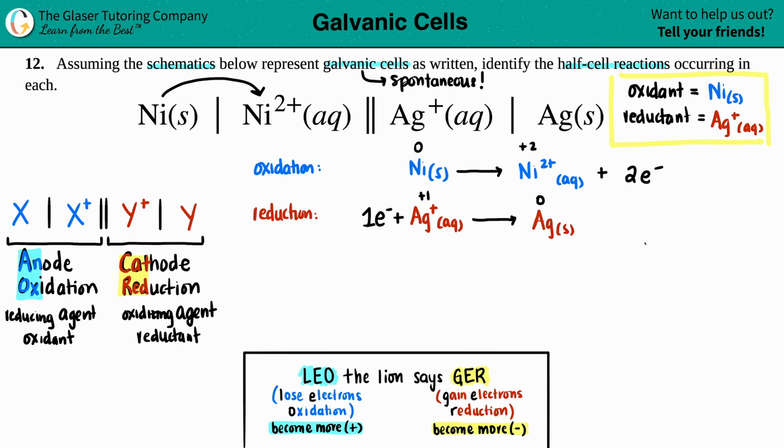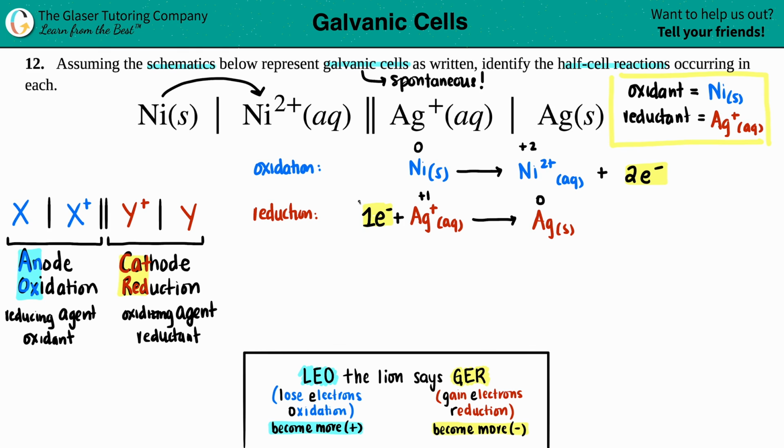Now, let's just see what the final balanced equation is when we put these two, oxidation and reduction, together. Now remember, if we want to add these together, I have to make sure those electrons are balanced. But I have 2 electrons on the right side, and I have 1 electron on the left side. So you always can get them to be the same by multiplication.